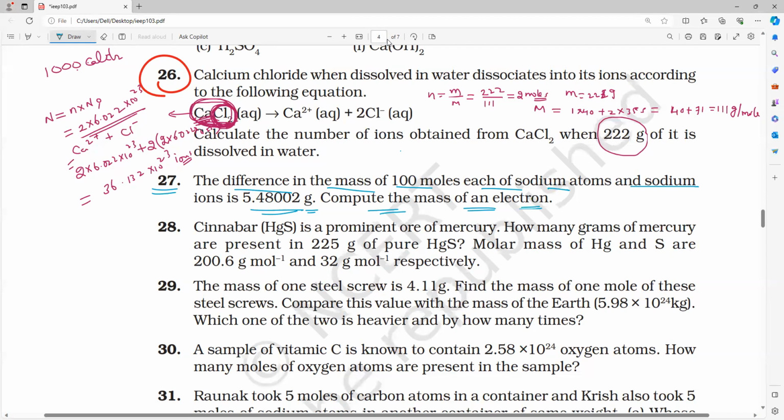All of you observe very carefully. 100 moles of each, sodium atoms and sodium ions. So what is the mass difference?